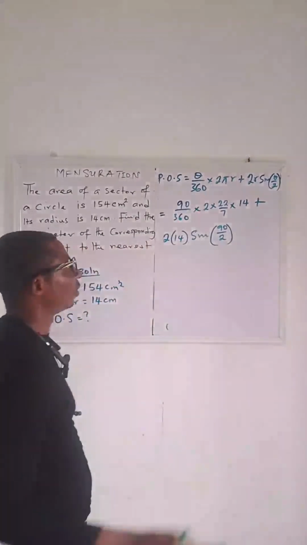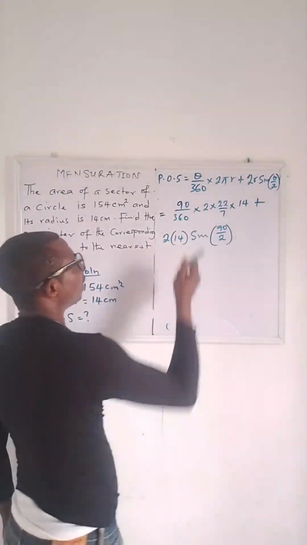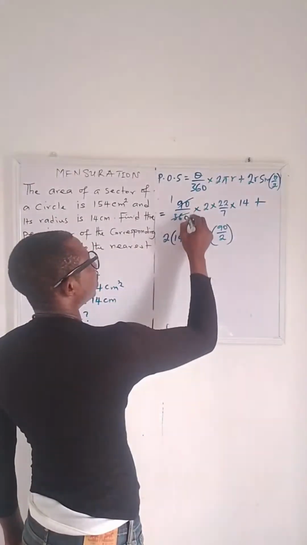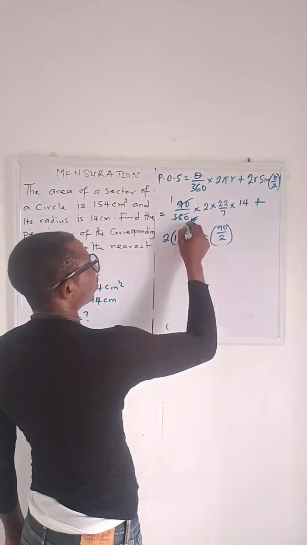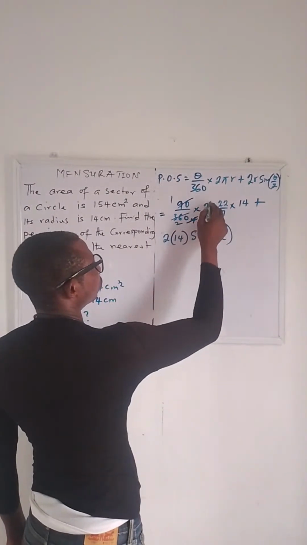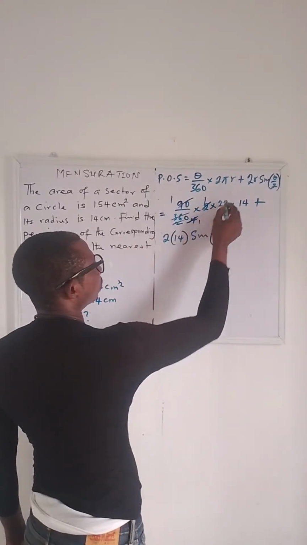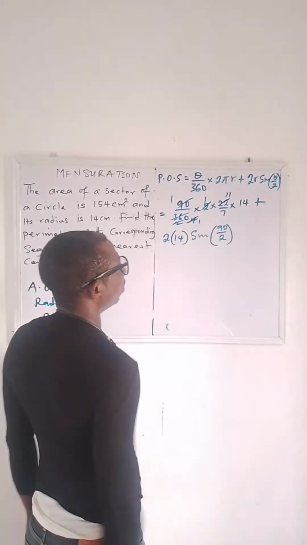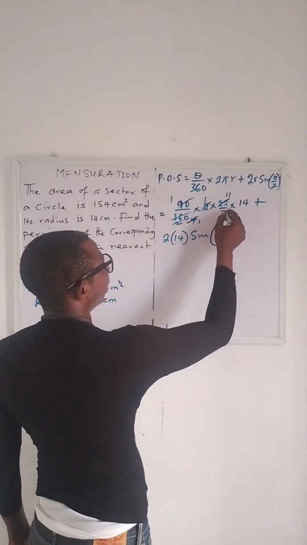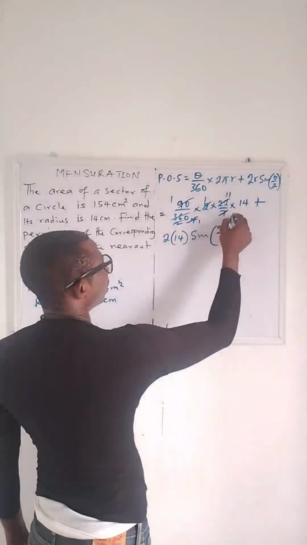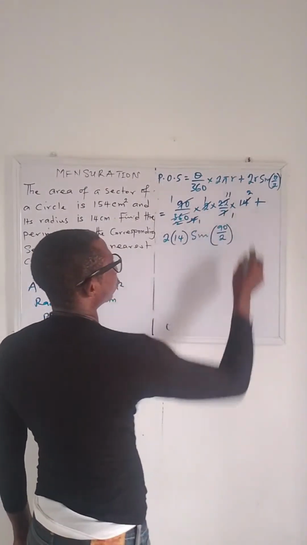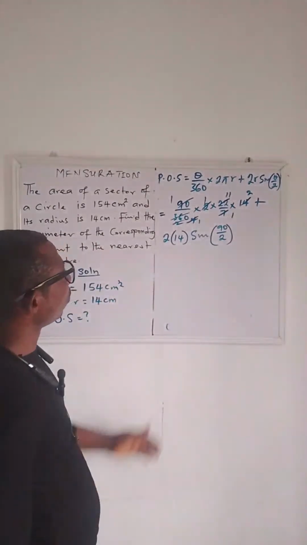So what do we have for this? 90 goes here 1, 90 goes here 4. 2 goes here 2, 2 goes here 1, 2 goes here 1, 2 goes here 11. 7 goes here 1, 7 goes here 2.